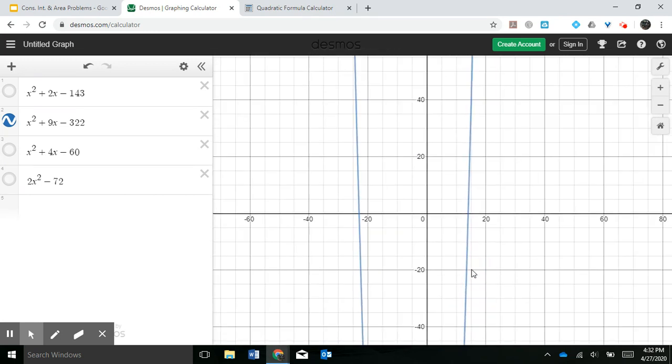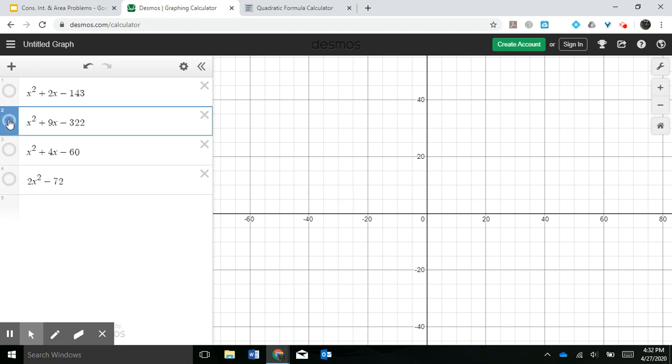I'm looking for where it crosses the x-axis, and it crosses it here and here. So my two answers would be negative 23 and positive 14. Now, if we go back to the problem, it said it had to be positive. So we're going to ignore the negative 23 and we're only going to use the 14.